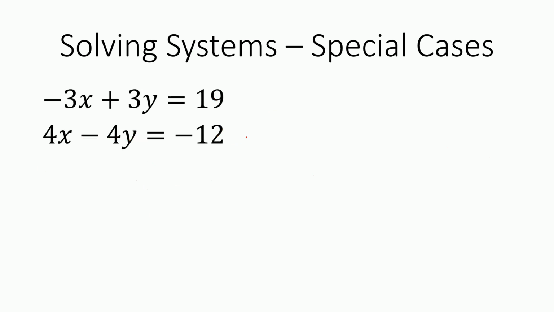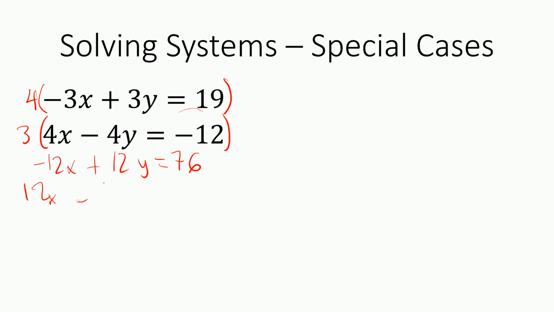The other special case is a little bit different, but not too much different. In this case, I'm going to multiply this one by 4 and this one by 3 because I'm setting this up for elimination. So negative 12x plus 12y equals, what is that, 76? 12x minus 12y equals negative 36.